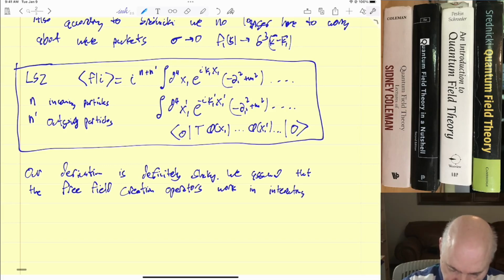They work the same way in the interacting theory. And Srednicki says this is, he uses the words, rather suspect.